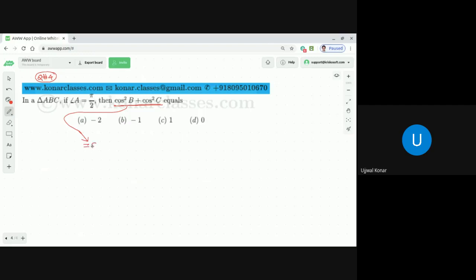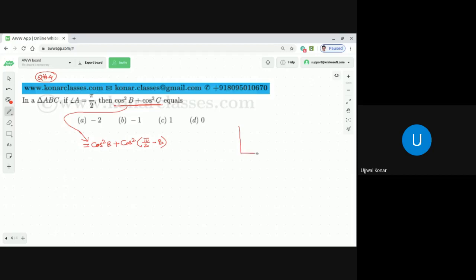That is equal to cos square B plus cos square of pi by 2 minus B. Because as one angle is 90 degree, that is A, then B plus C should also be 90 degree, because the sum of the three angles of a triangle is 180 degree. So instead of C, I should write here that this should be B. Correct?